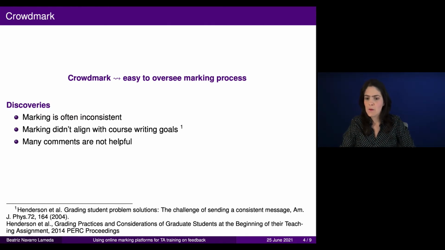And also how different markers put a different emphasis on the burden of proof on the student or on the instructor.